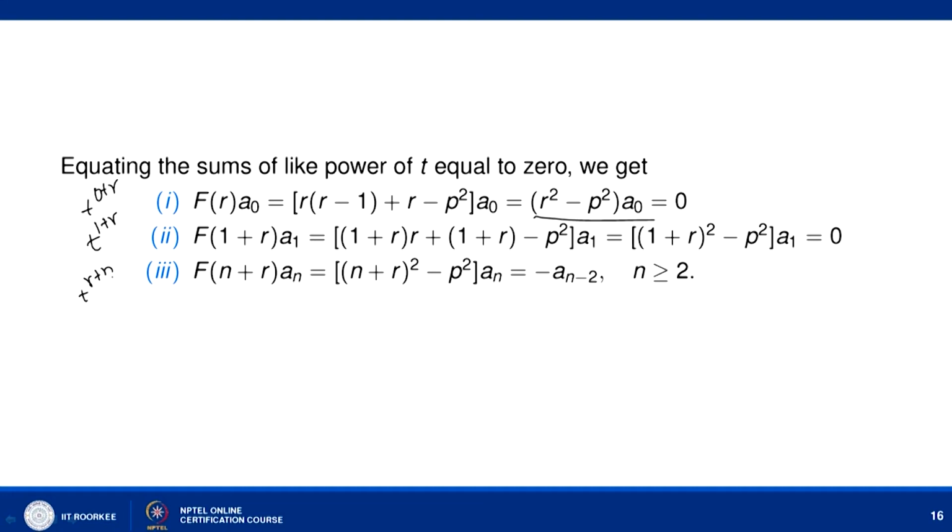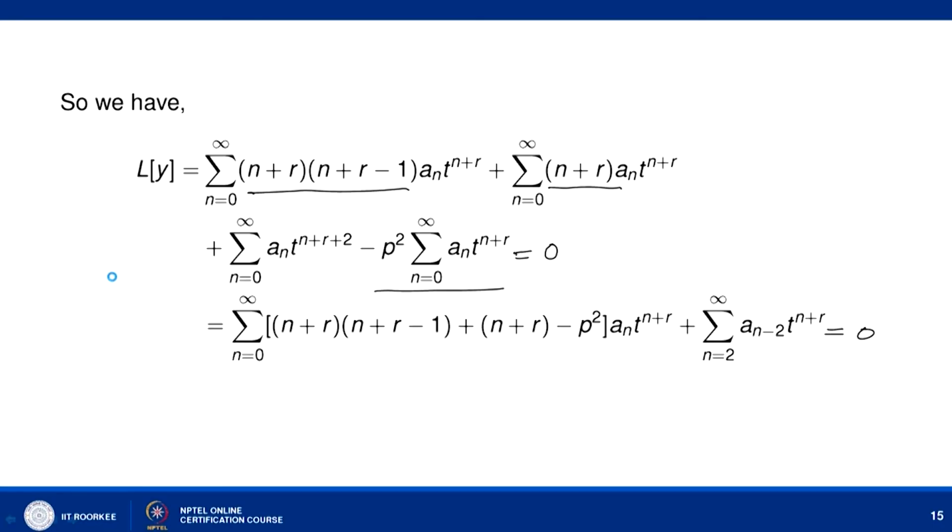Similarly, look at the coefficient of t to the power r plus n. The coefficient of t to the power n plus r is this quantity, which is nothing but f of n plus r into a n, plus the summation term a n minus 2.